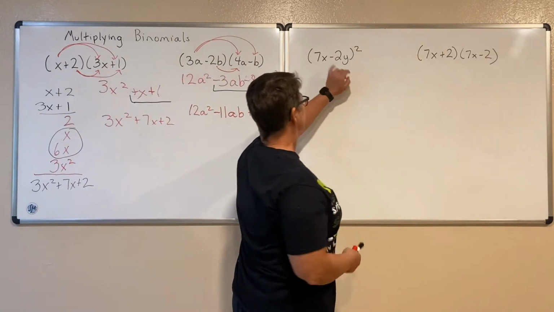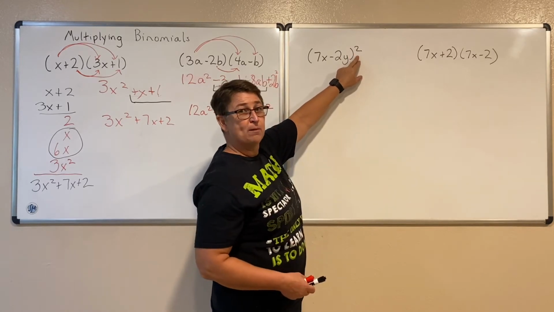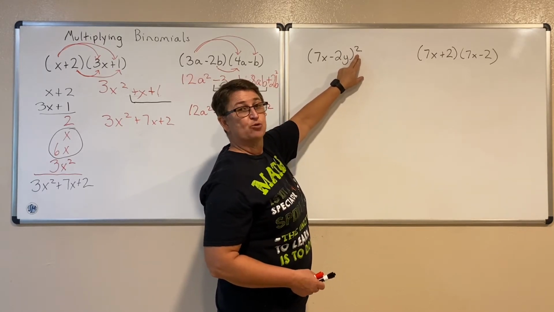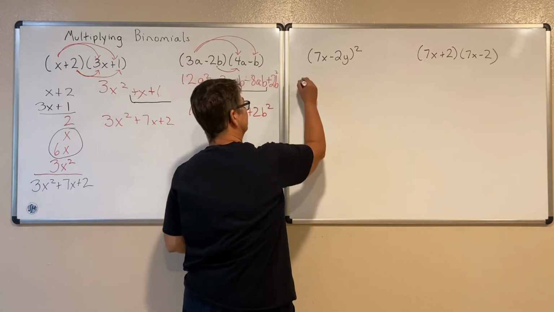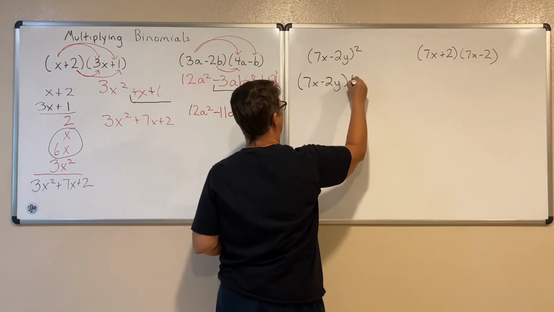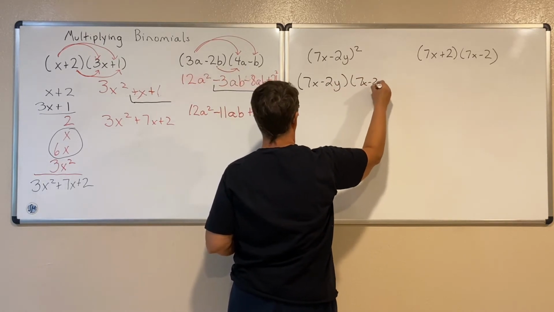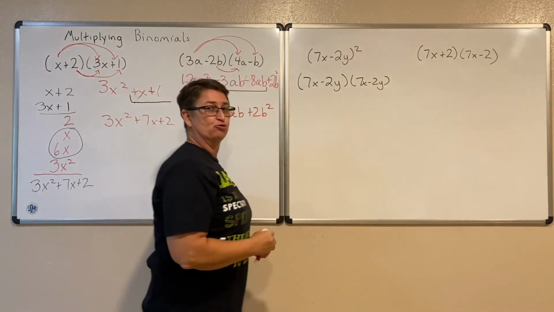Notice that this one says 7x minus 2y squared. Remember what that exponent of 2 means. It means that I am taking this binomial and I am multiplying it by itself. I cannot just distribute that 2 to both terms.